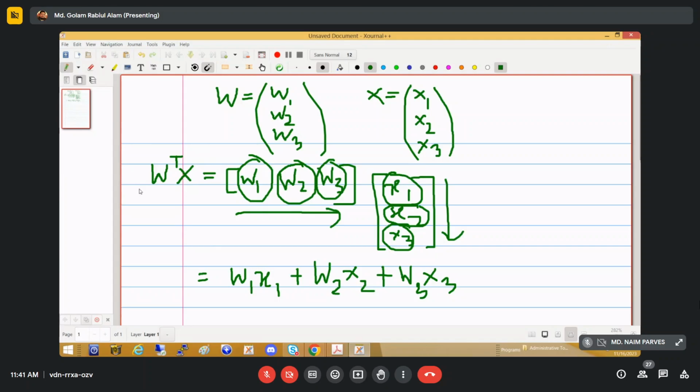Okay, so that means W transpose X, if we consider W that is weight vector and X is our feature vector, then W transpose X will give us this form.